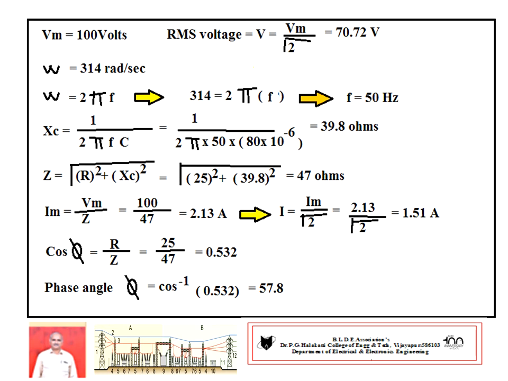You are knowing the C value. Again, it is given in microfarad. Calculate capacitive reactance. Capacitive reactance equal to 1 divided by 2 pi fC. That is 39.8 ohms. You are knowing the R value. You are knowing the XC value. Go for calculation of Z. So we are going to get 47 ohms.